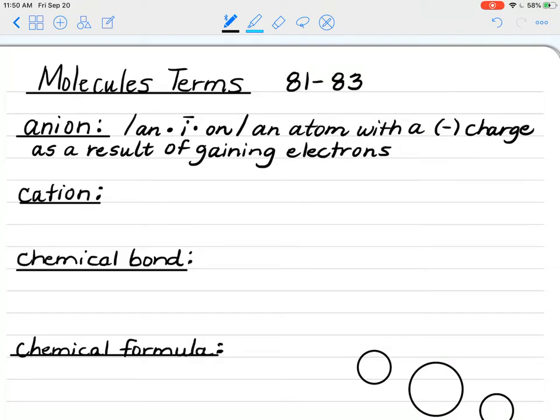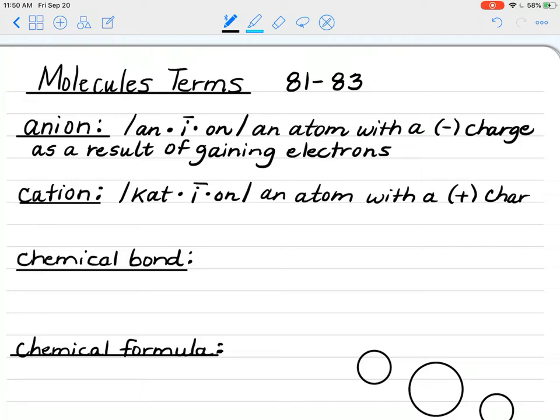A cation is similar. It is an atom with a positive charge, having lost electrons.